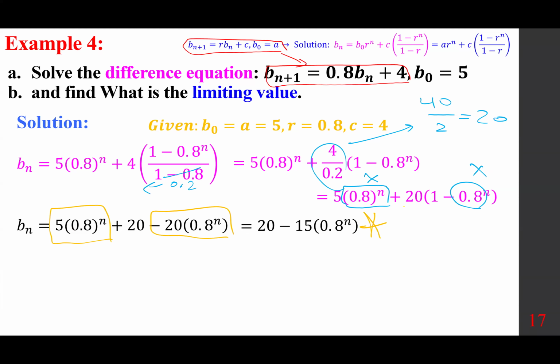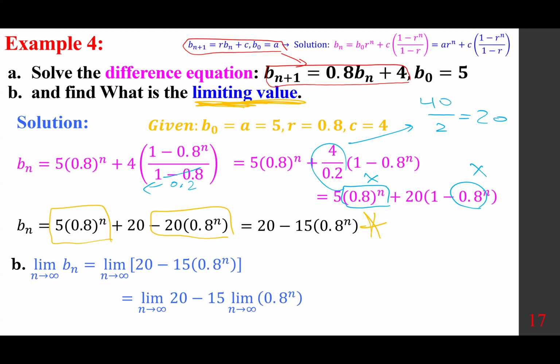We are going to take the limit. So we want to find the limit, everybody. To take the limit, use the limit laws, and we separate them in the following manner. The limit of 20 as n approaches infinity is just 20 minus 15 times the limit of 0.8 to the power of n as n approaches infinity.